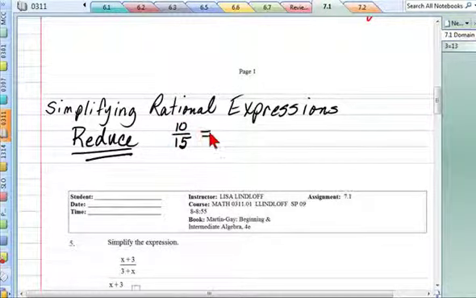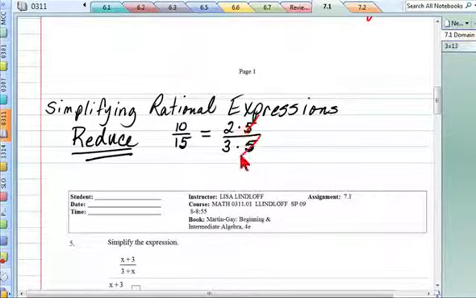What nobody ever writes down is that 10 is 2 times 5 and 15 is 3 times 5. Because 5 is in common, you can divide it out, and you are left with 2/3. You probably would not write all of this out because it's numbers.